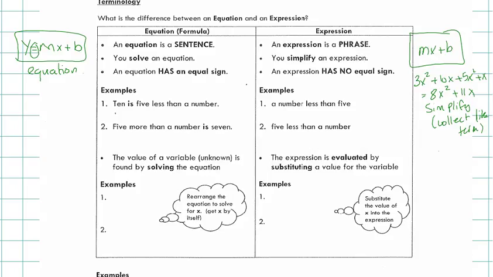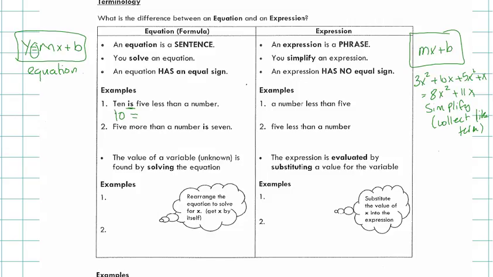I know you already solved for the number, but how would I write that as a sentence? 10 is equal to, 5 less than a number.